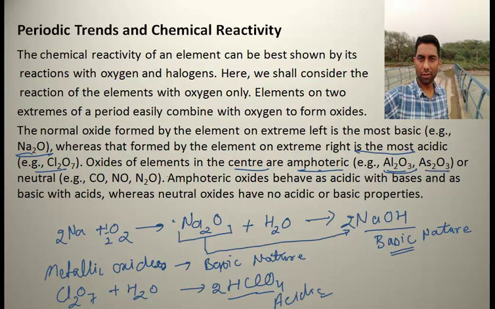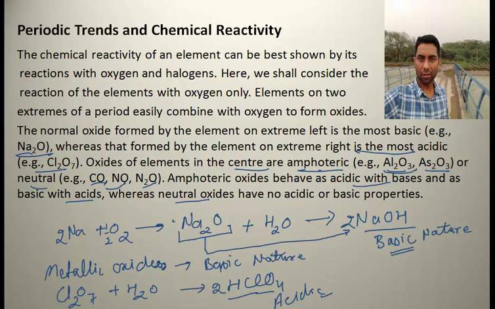Or they might be neutral. So amphoteric oxides are formed by the species which lie in the center, which may be aluminium, arsenic, selenium, all these, or some of them are neutral, for example, carbon monoxide, nitric oxide, nitrous oxide, right? Amphoteric oxides behave as acid and base, depending on the nature, whereas neutral oxides have no acidic or basic properties.